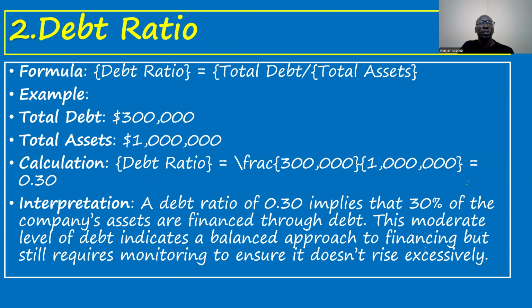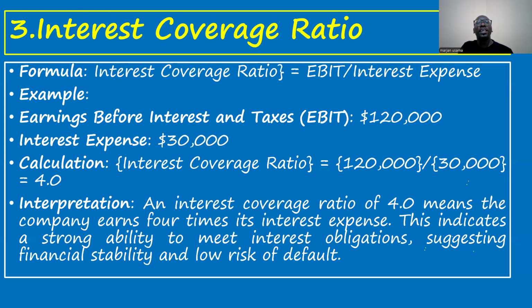The debt ratio is total debt divided by total assets. As easy as that. And all these figures you can get in the balance sheet. The interest cover ratio is the earnings before interest and taxes divided by the interest expense. You just divide, you get the answer.